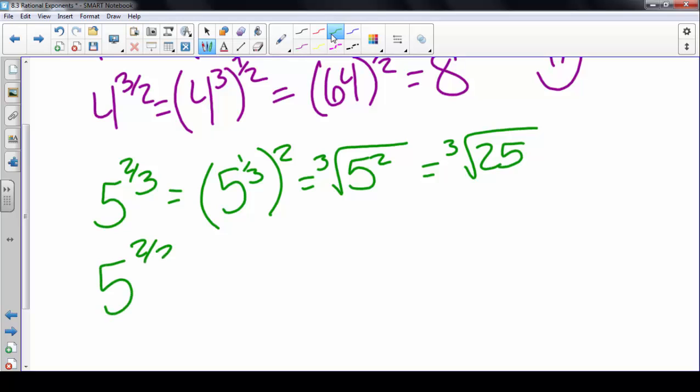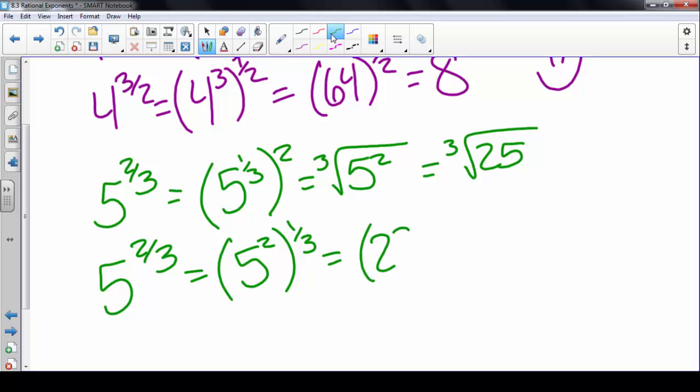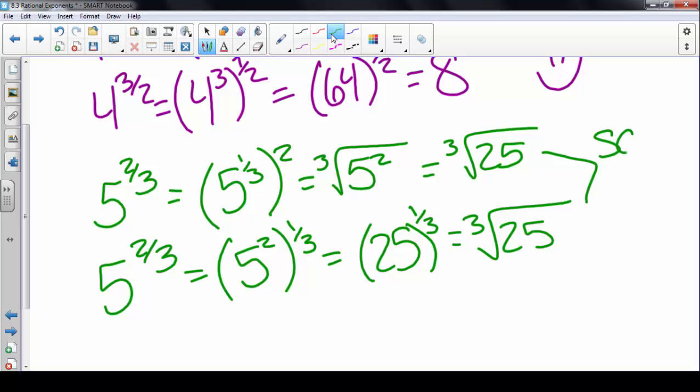Going the other way with our exponents on the second step, we could do 5 squared to the 1/3, which is 25 to the 1/3 power, which is still a cubed root of 25. Notice these are also the same.